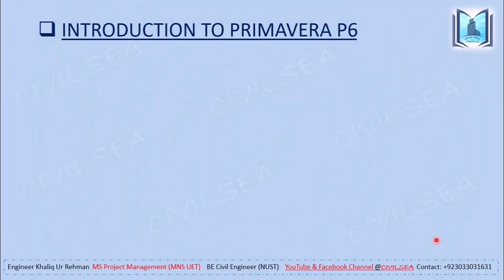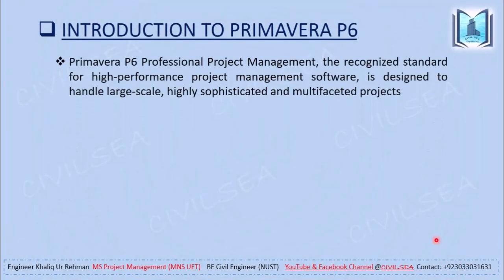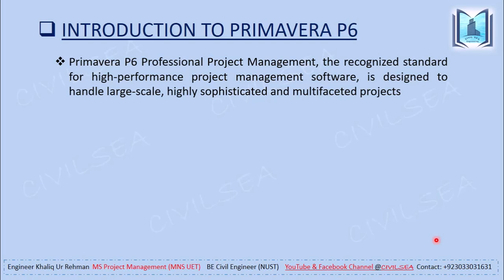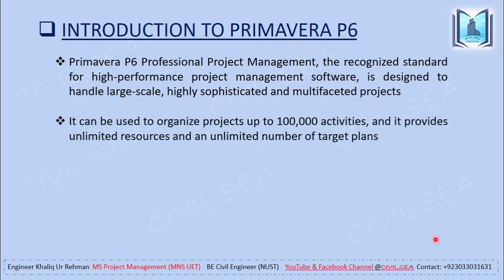Moving forward, Primavera P6 Professional Management, the recognized standard for high-performance project management software, is designed to handle large-scale, highly sophisticated and multifaceted projects. It can be used to organize projects up to 1 lakh activities, and it provides unlimited resources and an unlimited number of target plans.